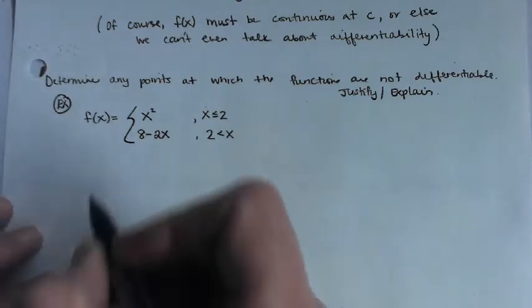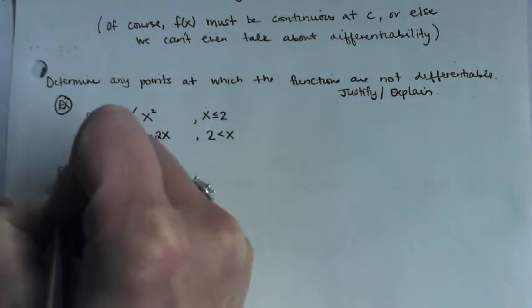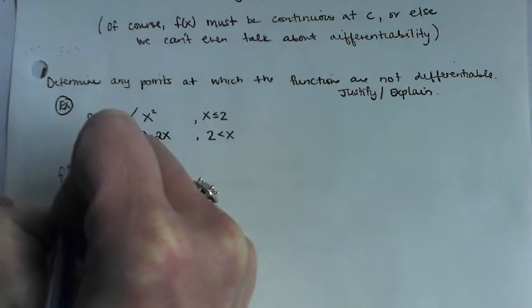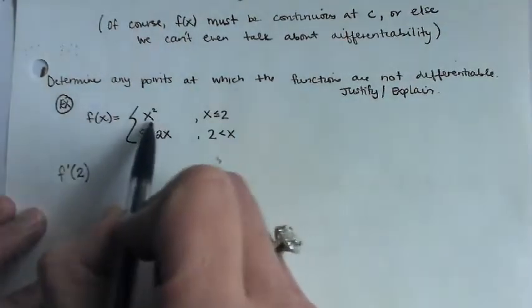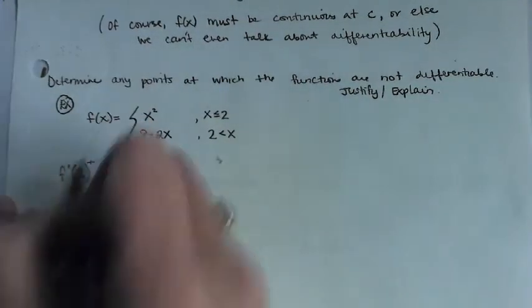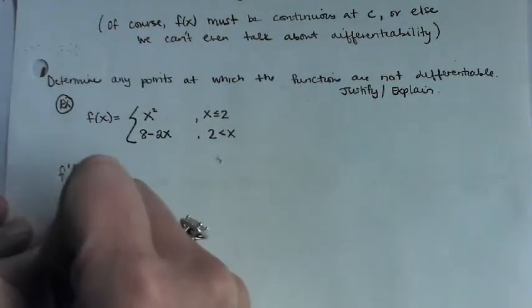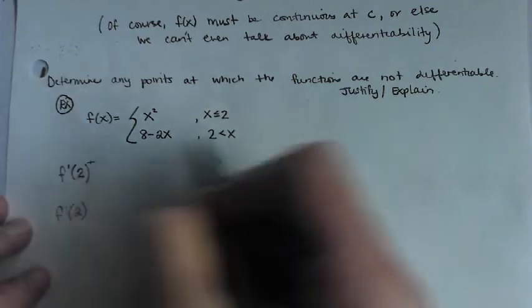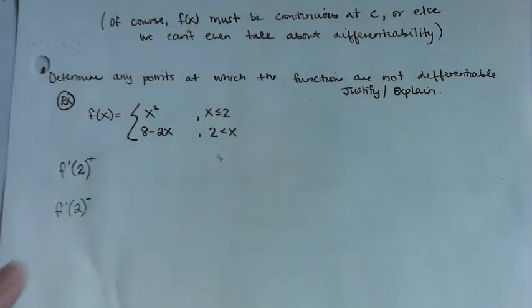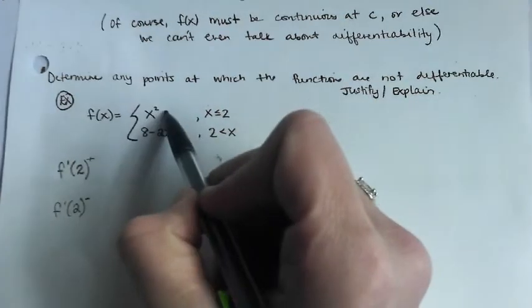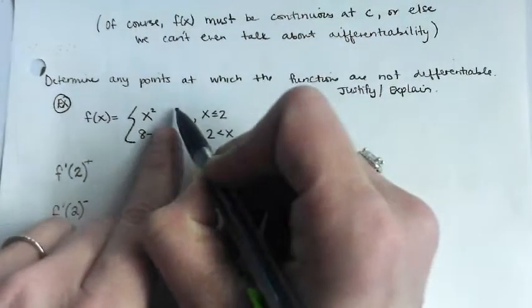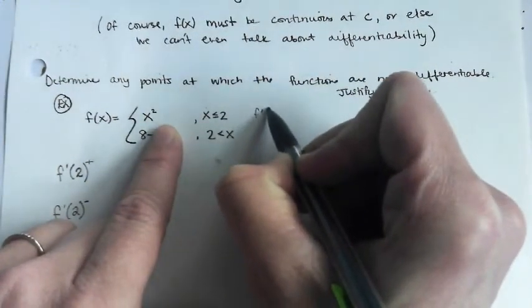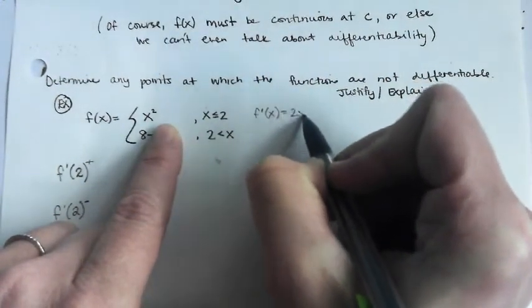So we want to know what the derivative is at 2, specifically when you're coming at 2 from the right, and then the derivative at 2 specifically when you're coming from the left. So each of these has its own derivative formula. If you're coming from the left of 2, your derivative is just 2x.